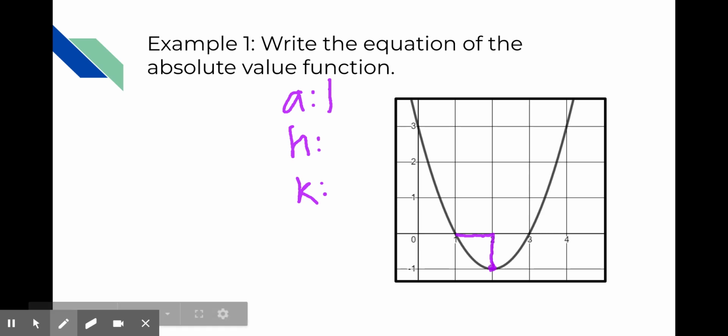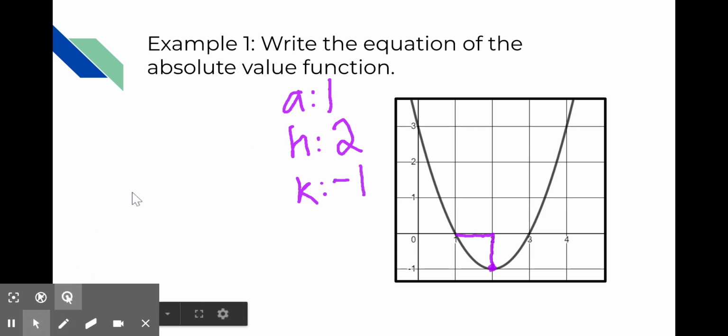Your horizontal shift is how much your vertex moved from the origin. It moved 1, 2 to the right. And then k is how far it moved up or down from the origin. It moved down 1. So that's my k.